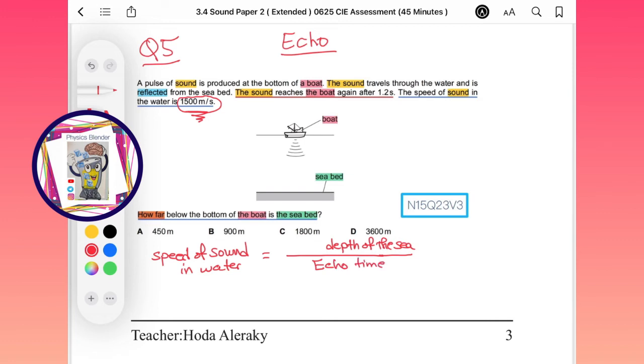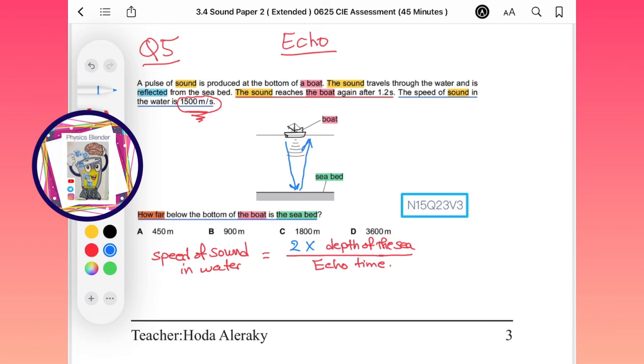But if you look at the situation we are having here, the sound waves travel to the seabed and then are reflected back. So the distance traveled by these sound waves is 2 times the depth of the sea, twice the depth of the sea.